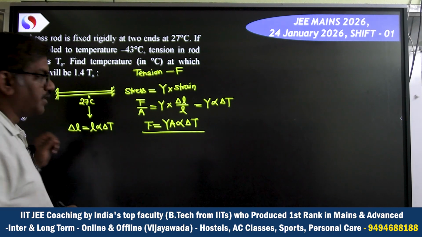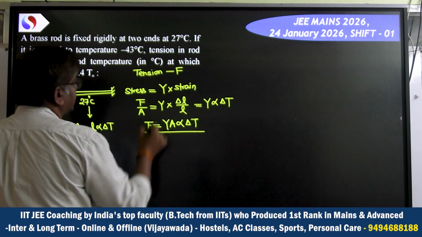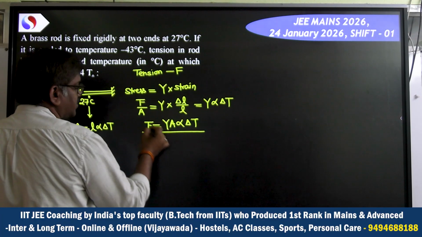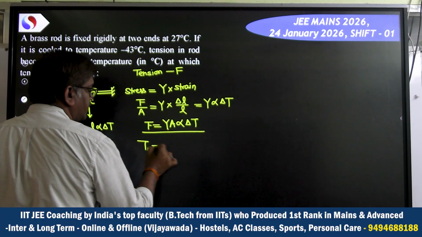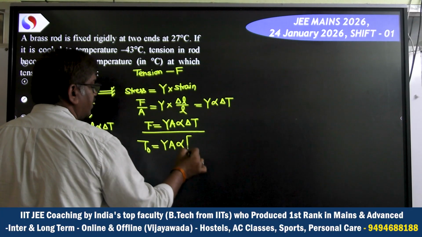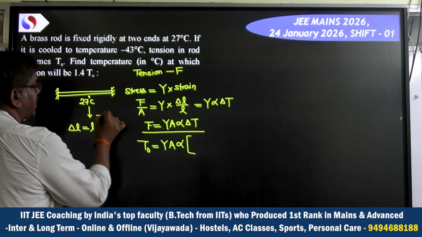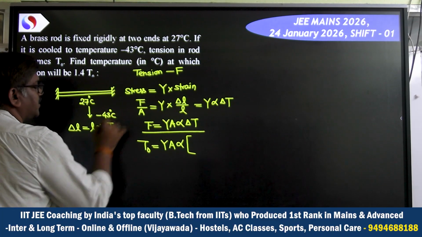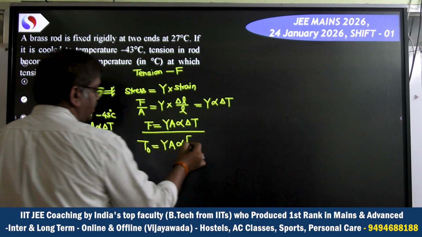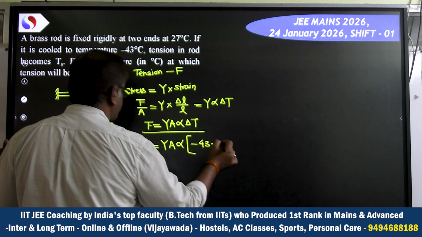Force of the tension. Now here, the tension is given to you as T naught. So this F is given as T naught, with Y into A, when the temperature changes from 27 to minus 43 degrees centigrade. So when I solve it, it is T2 minus T1, minus 43 minus 27.